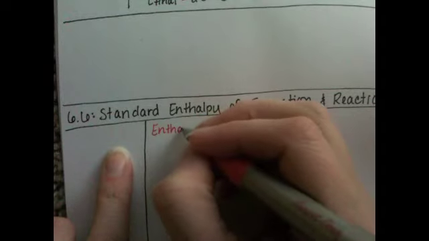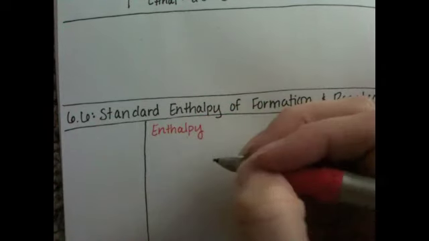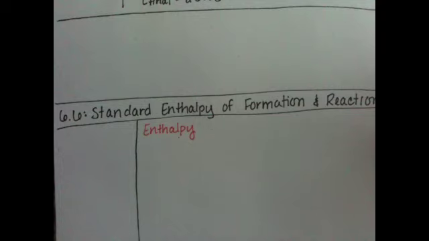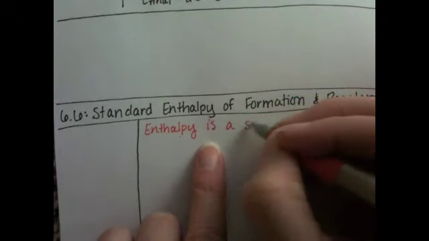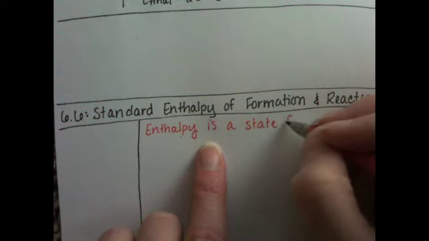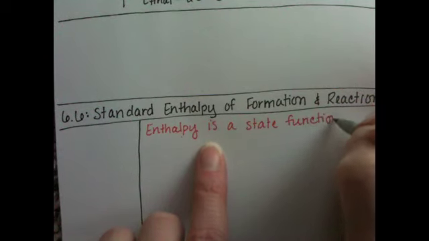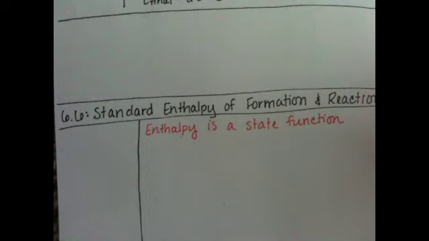Last week we talked about enthalpy and how it was a state function, meaning that it doesn't matter how you go from your initial enthalpy to your final enthalpy. All that matters is the difference in the two: the final conditions minus the initial conditions.